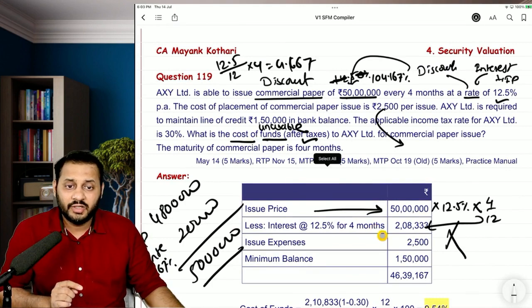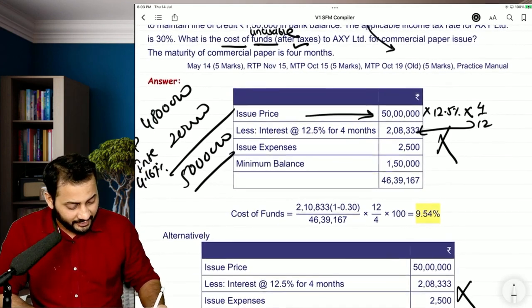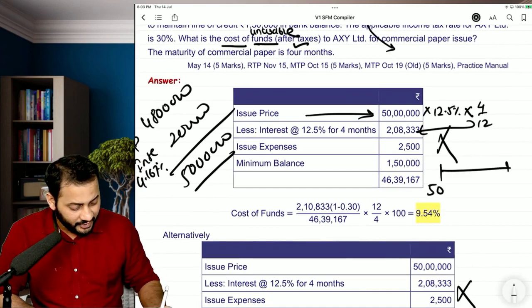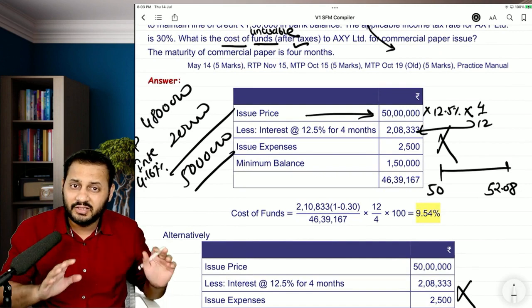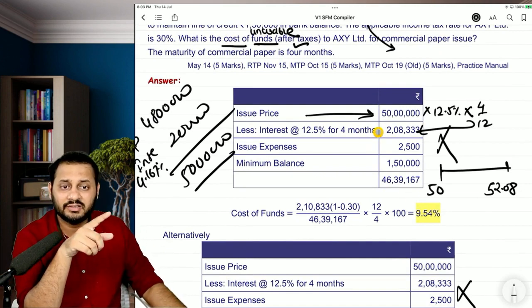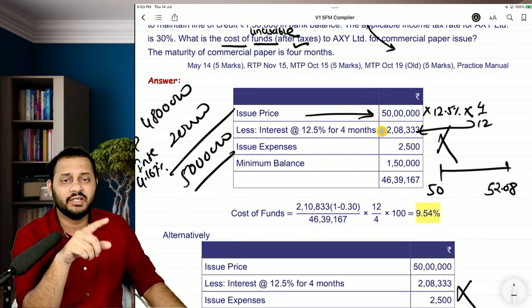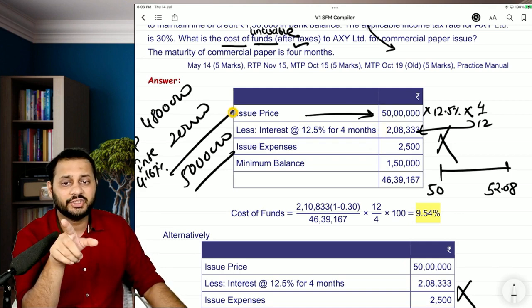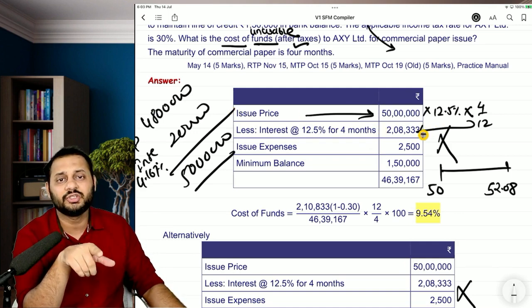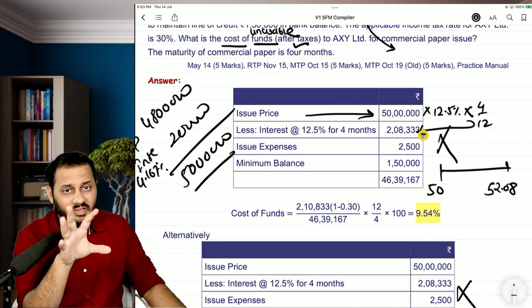They are paying 2,08,000 above 50 lakh rupees. So what they are treating here is, you received 50 here and you are paying 52.08 here, which is completely wrong. They are not even considering this as a discount. If they would have considered this as a discount, the issue price would have been 50 minus 208,333. But it is not like that.